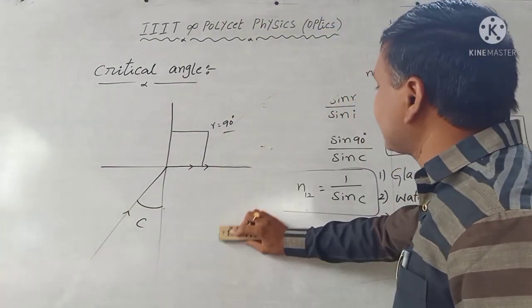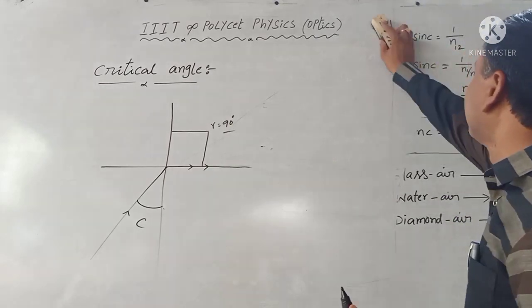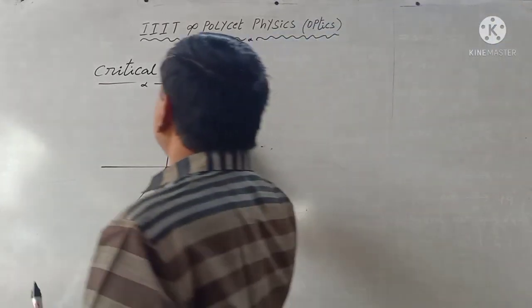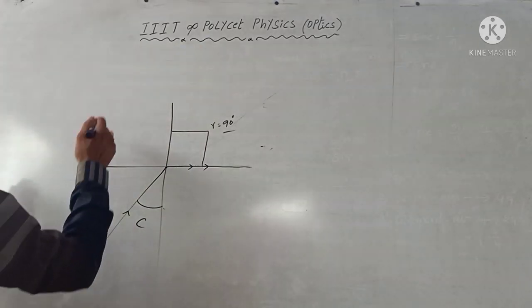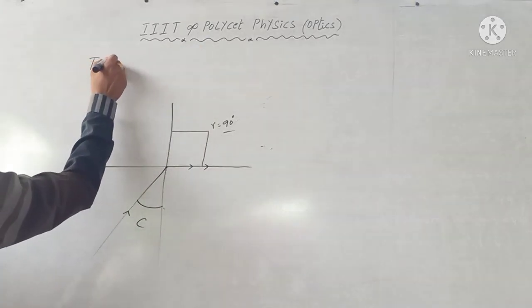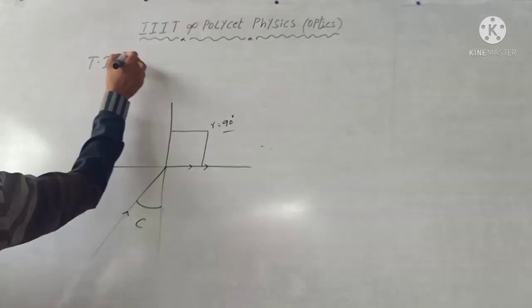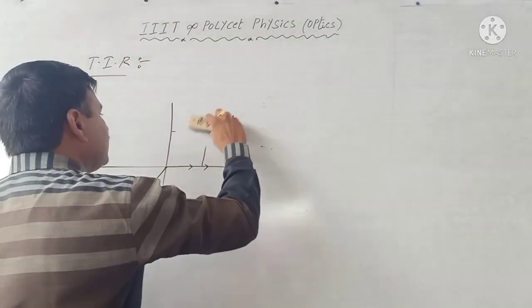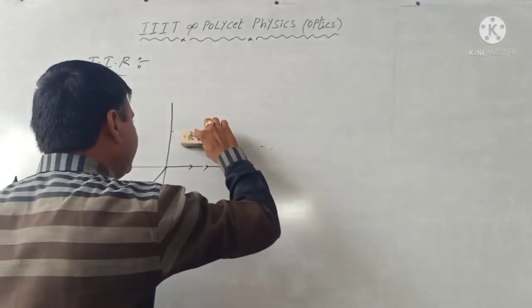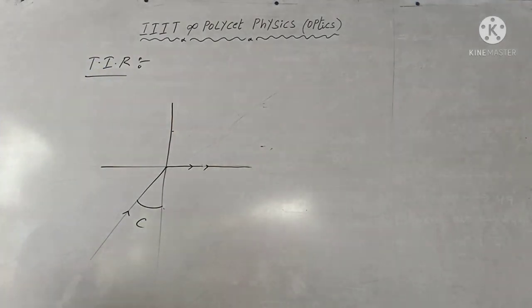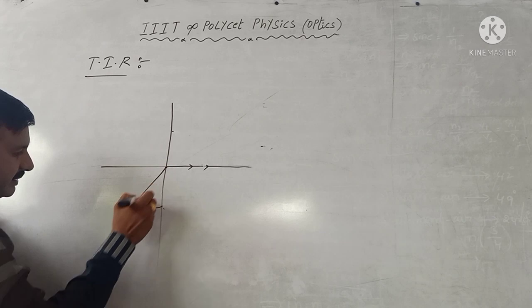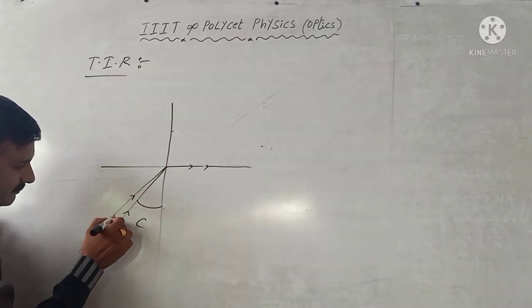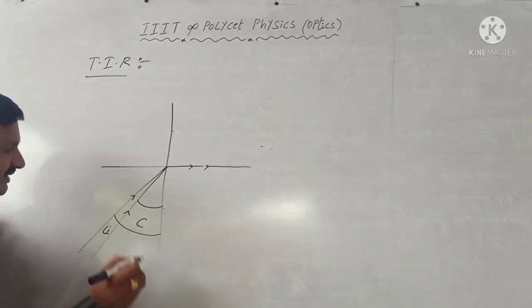Next, we go to total internal reflection, TIR. What is the full form of TIR? Total internal reflection. Total internal reflection means: it is the incident ray, and this is the angle of incidence.